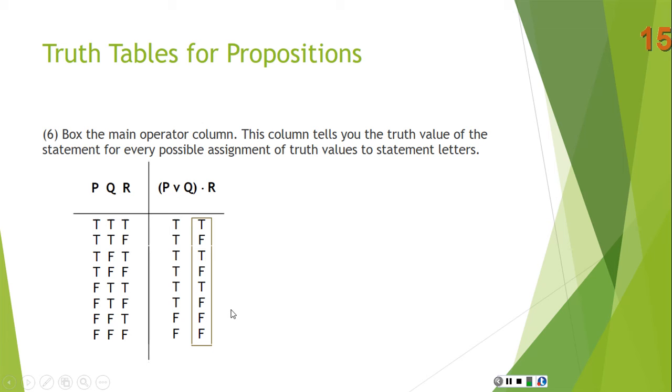So now you know the truth value of the statement on each line, given every possible assignment of truth values to statement letters. That's how you do truth tables for single propositions. This was our single proposition, P or Q dot R, and we did a truth table for it, and we found this result.